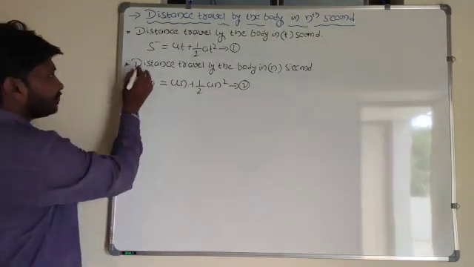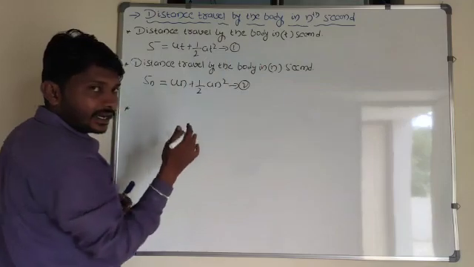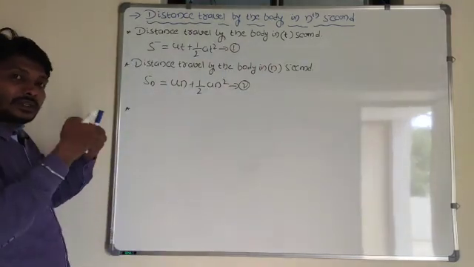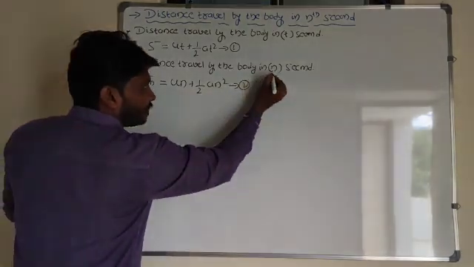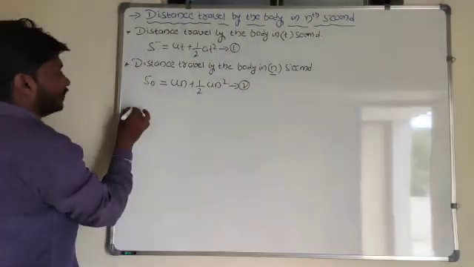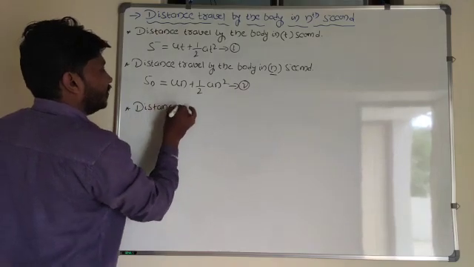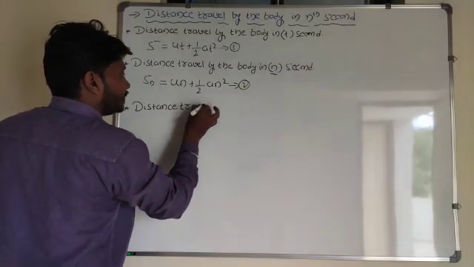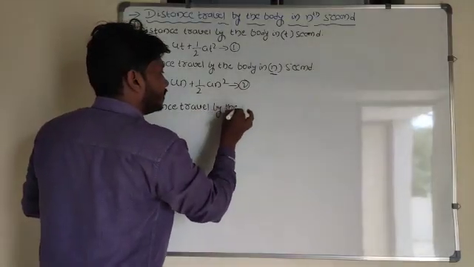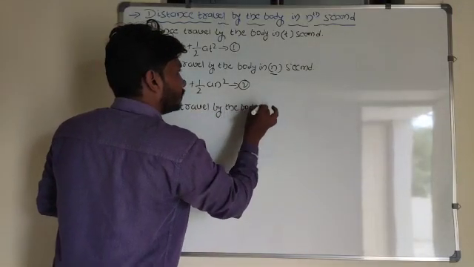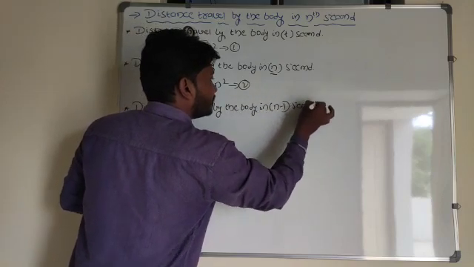Similarly, the distance traveled by the body in n seconds. So 10 seconds means, the smaller number before that, 9 seconds, I will take. For that purpose, I will take n minus 1 here. Next I will consider the distance traveled by the body in n minus 1 seconds.